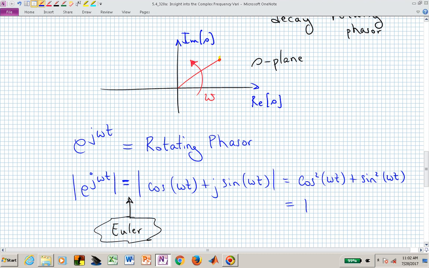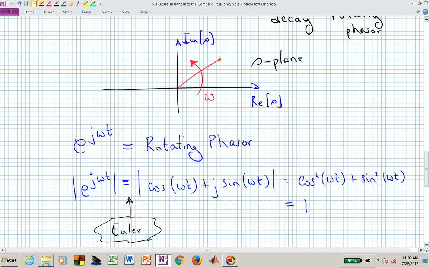And we know how to calculate the magnitude of a complex number. We have the real part squared plus the imaginary part squared, or we're really now just finding the hypotenuse of a triangle that has a real part cosine omega t and an imaginary part which is orthogonal to the real part having a magnitude of sine omega t.